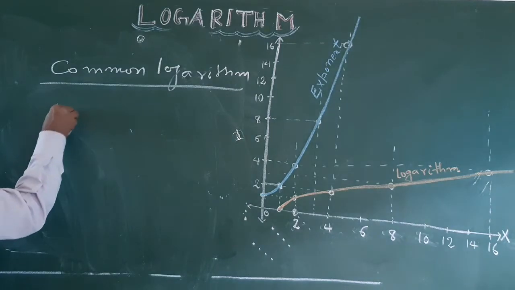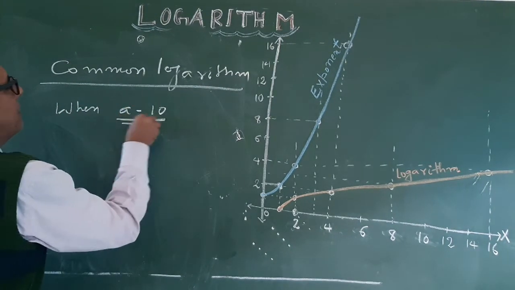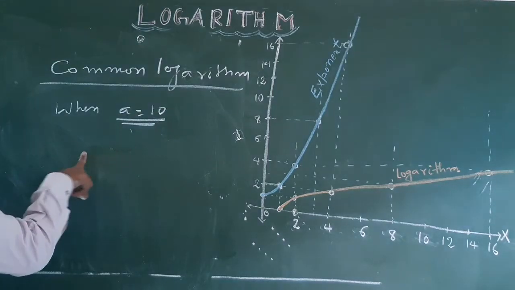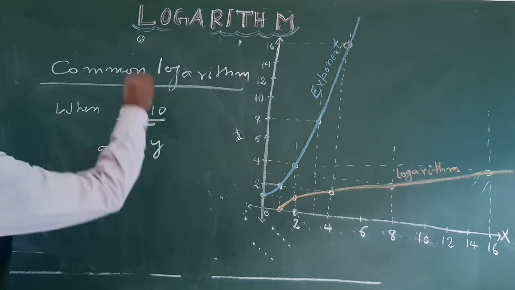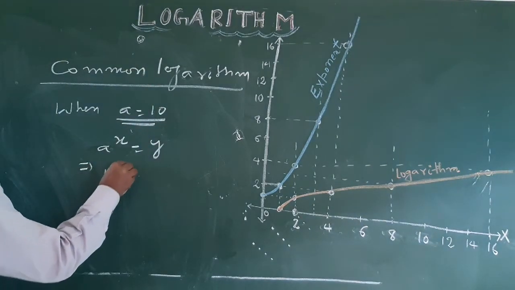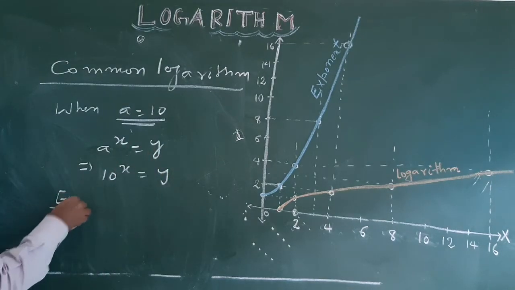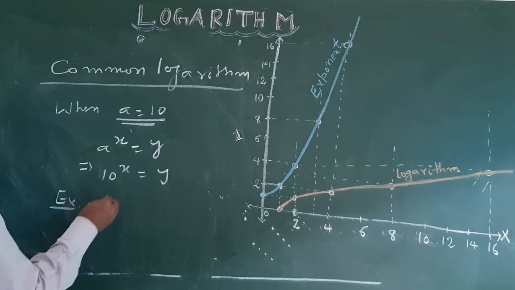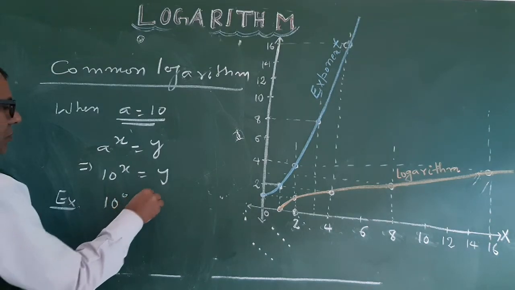When a equals to 10, that is base equals to 10. Like as we know that a to the power x equals to y, or we write 10 to the power x equals to y. Give so many examples. 10 to the power 0 equals to 1.